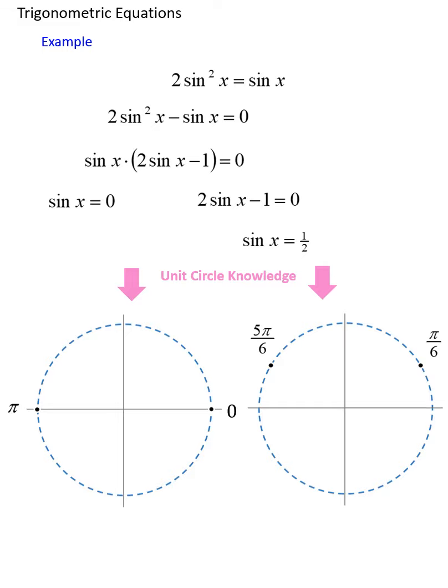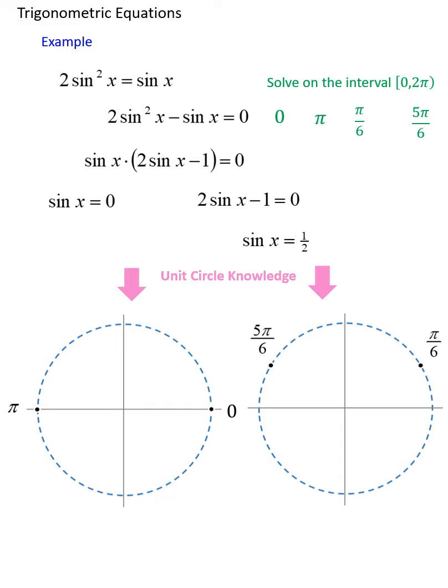Now again, there's infinitely many solutions to this equation, because anything coterminal with 0, pi, 5 pi over 6, or pi over 6 is a solution for x in the original problem. But again, since the typical question only wants answers from 0 through 2 pi, those are our only 4 answers that satisfy the original equation.